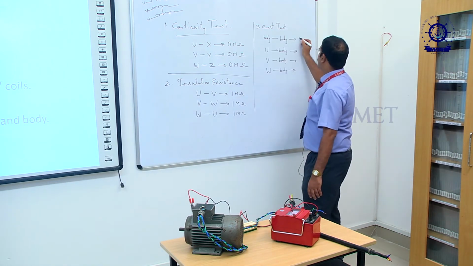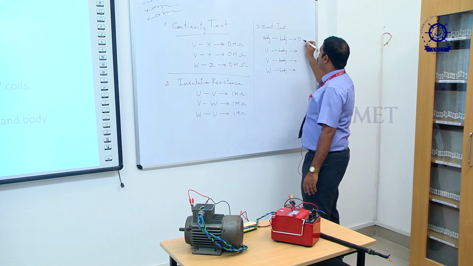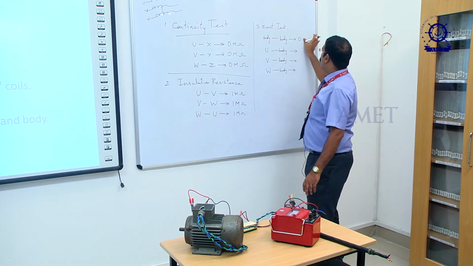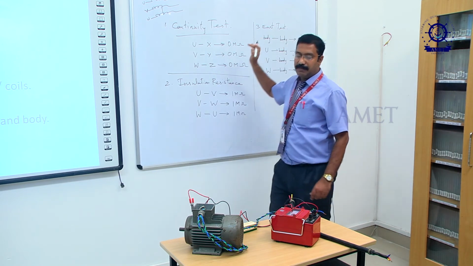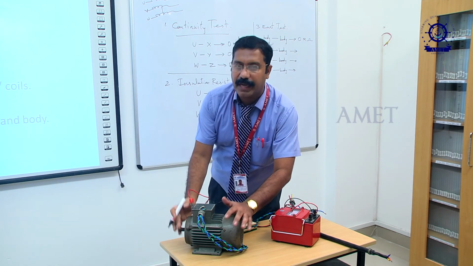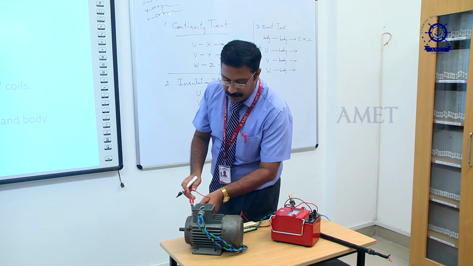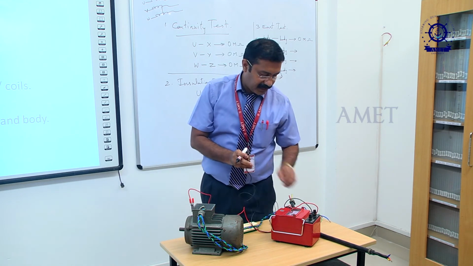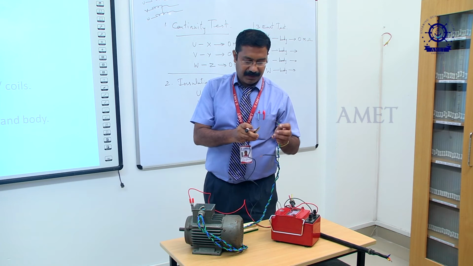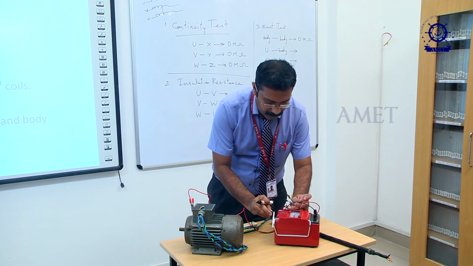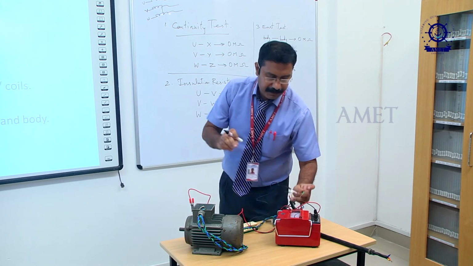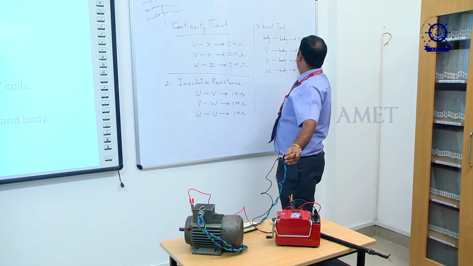That means here it's okay. All the body is being connected, continuity is there for the whole body. Now I have to check whether for each phase there is continuity. The R phase is going to 50 mega ohm.